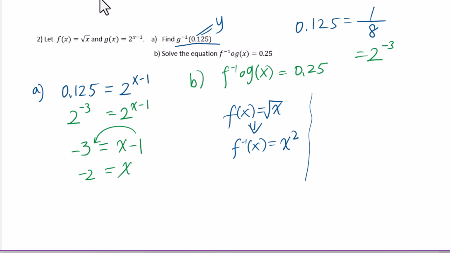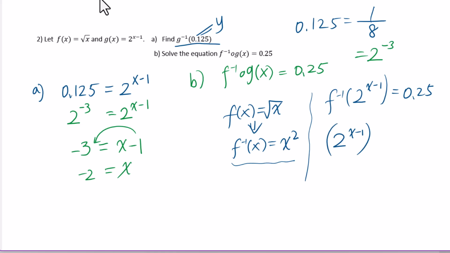So inverse of g of x is 2 to the x minus 1's power squared equals 0.25. For this inverse function, every single x changes into 2 to the x minus 1's power.